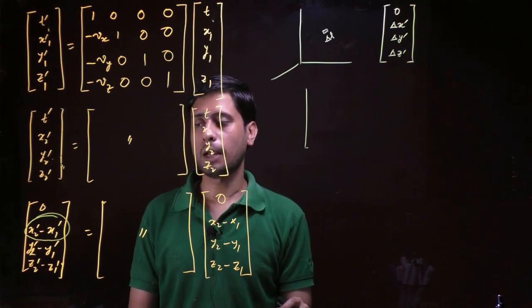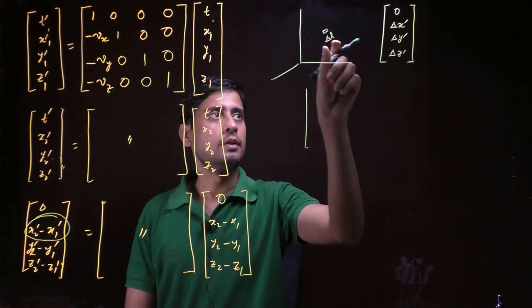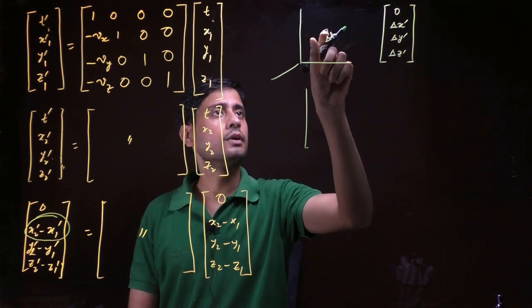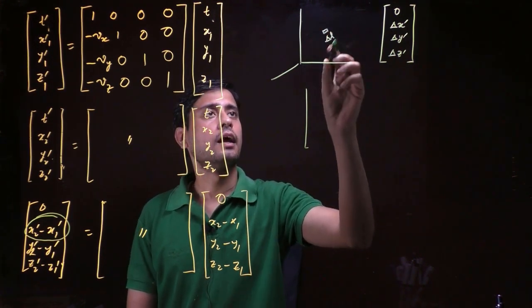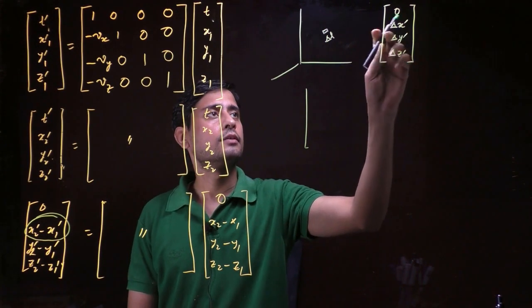So in the primed frame, the length of the rod is delta L and delta L has three components.